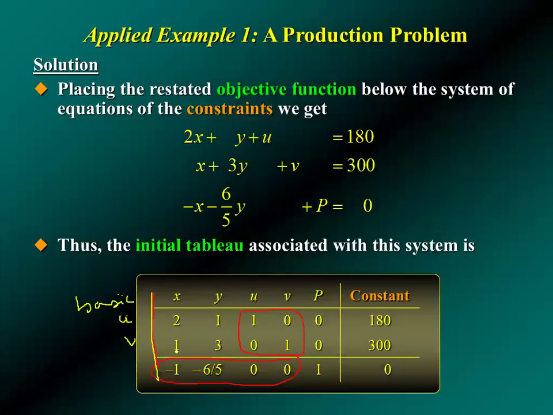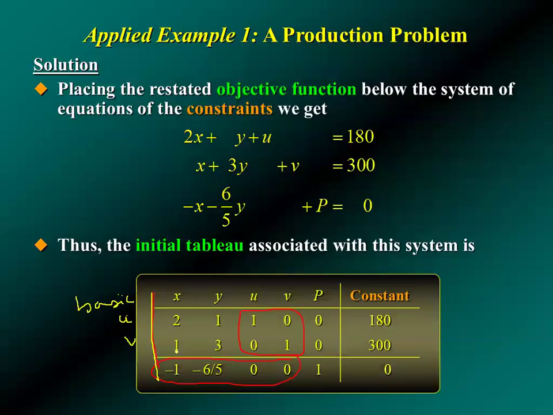That's what I'm defining as basic variables. Non-basic variables are variables that I'm setting equal to 0, and the basic variables I'm setting equal to the values on the right-hand side. There are 4 variables, x, y, u, and v. The non-basic variables, x and y, are set equal to 0.